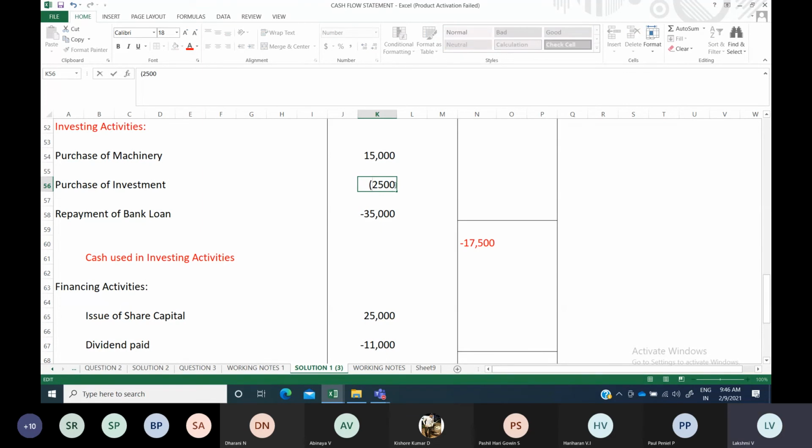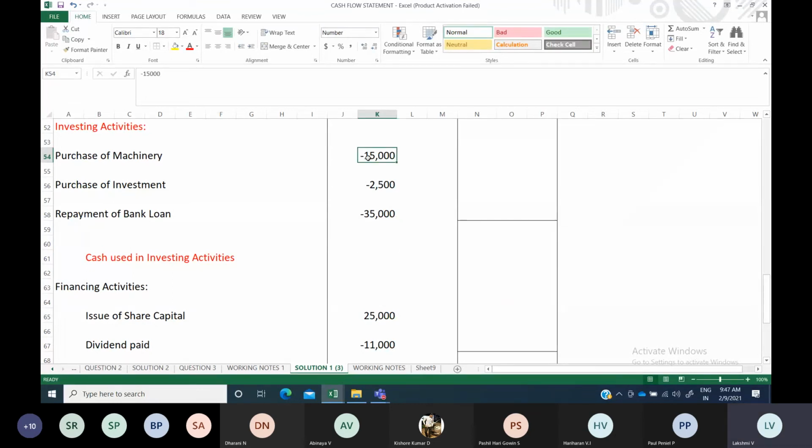So we have made one mistake here. Sorry, here it should be shown as negative. Purchase of investment should be shown as an outflow. Everything is an outflow only, no? We didn't mention it here. Sale, no, we have to show it in positive. Here everything is negative. Just find out how much you are getting here quickly.